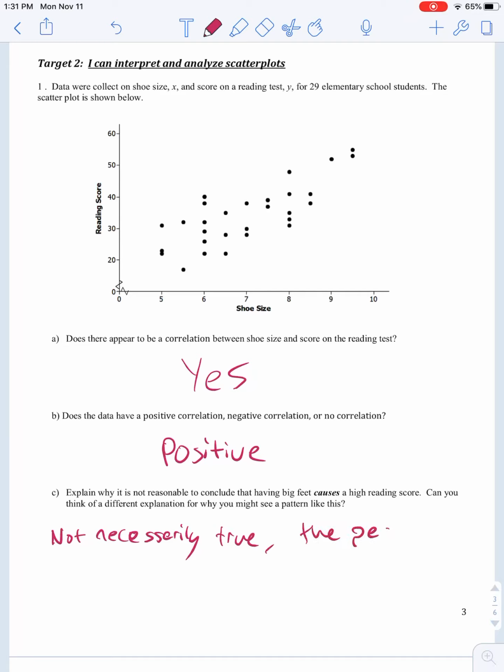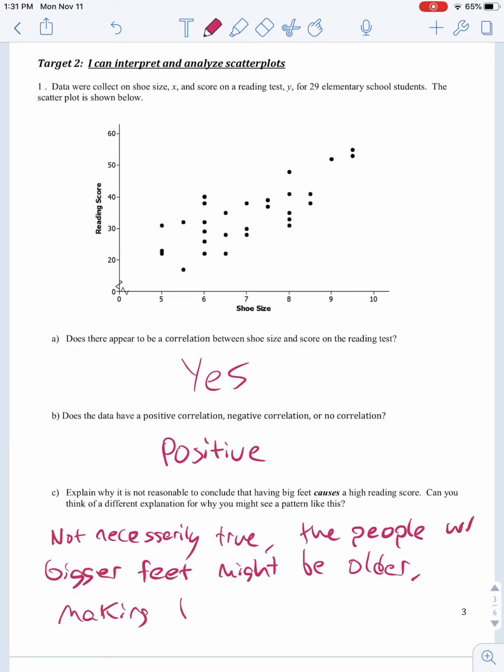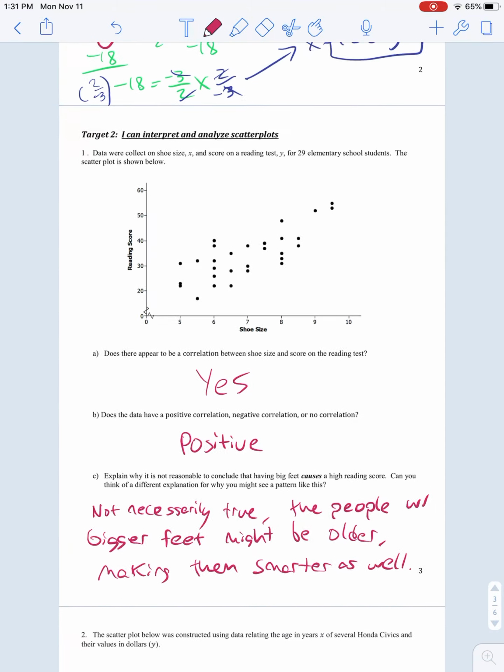The people with bigger feet might be older, making them smarter as well. So that's a better explanation for why we're seeing this correlation than saying, well, big feet make you smart, which isn't necessarily true.